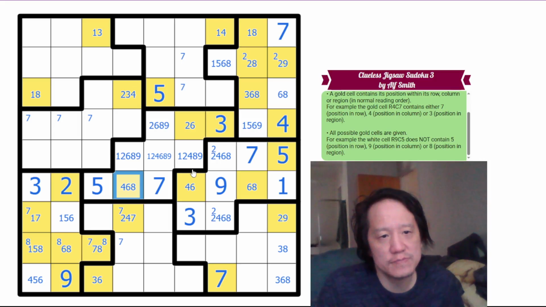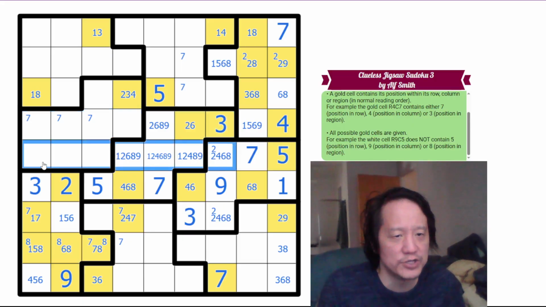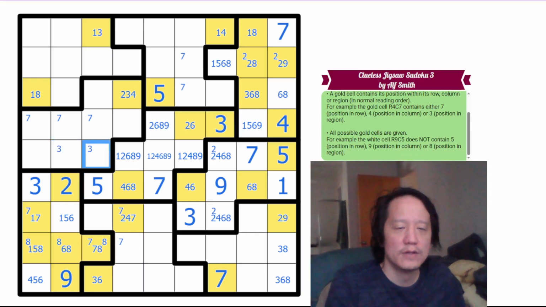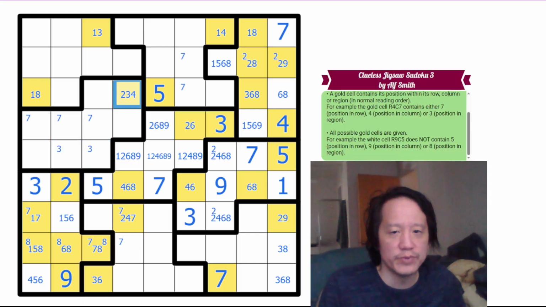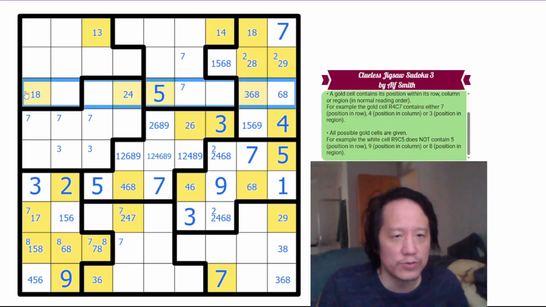Okay. Where is the 3 in region 4? Or actually in row 5. Can't be here because of 3 in the region. Can't be here because of 3 in the region. Can't be here because 3 in the column, so one of these is a 3. That eliminates 3 from being here. Well, we need a 3 in one of the gold cells in row 3.